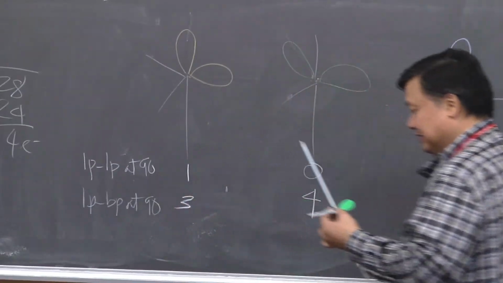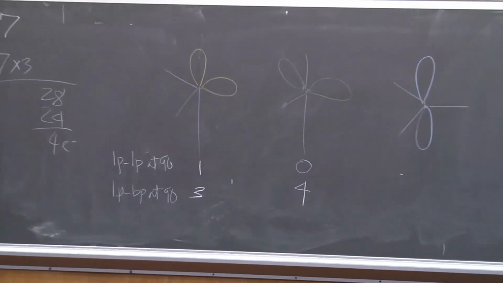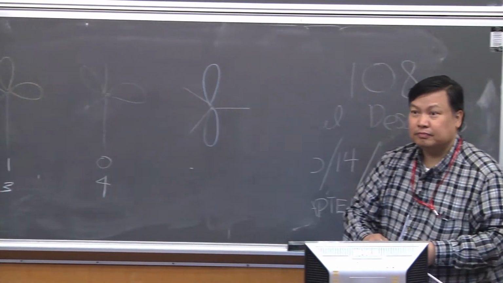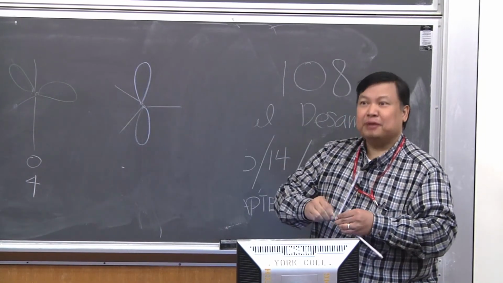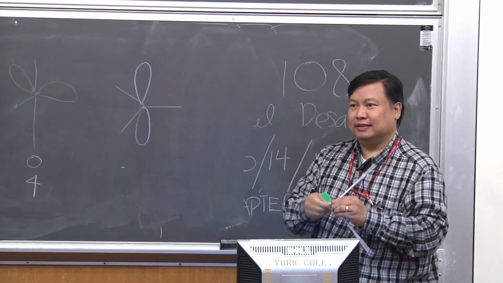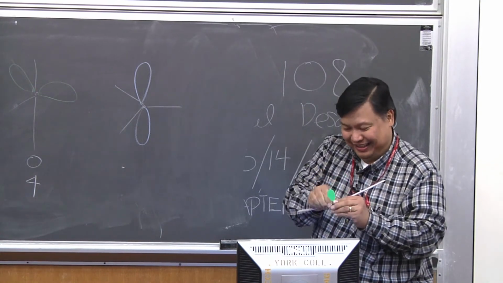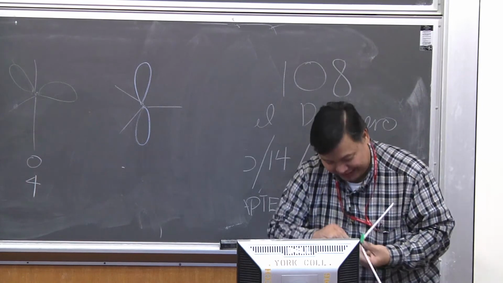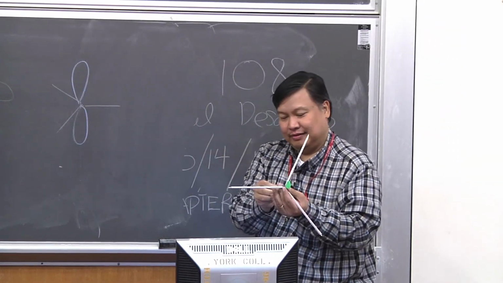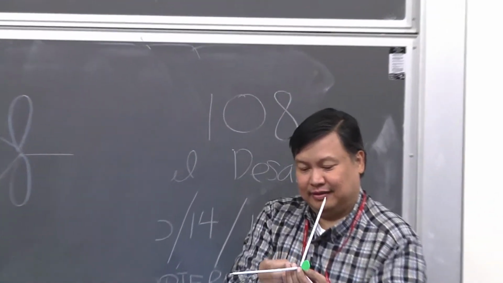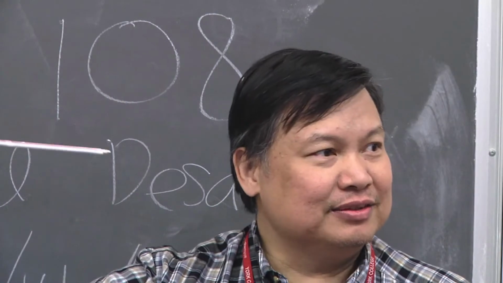Okay? And how about this? Lone pair, bond pair. Yes. How about this one? 6, quickly, right?